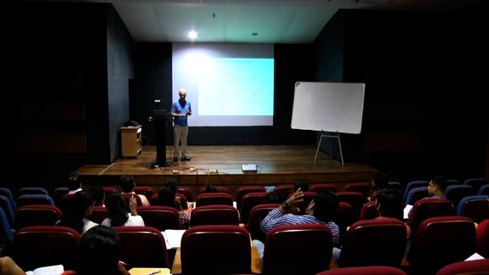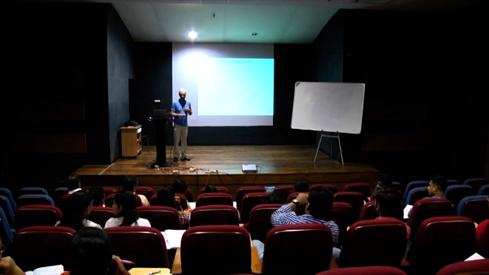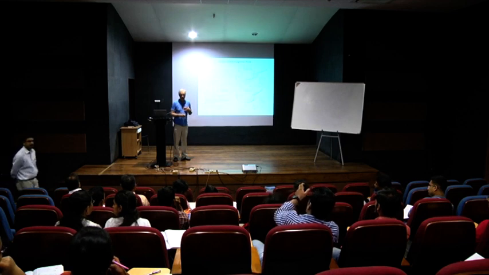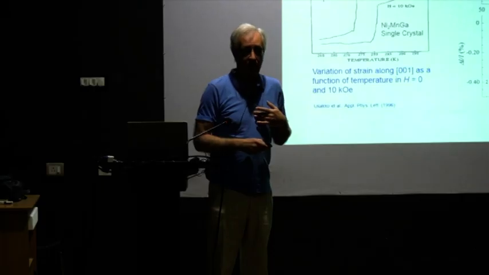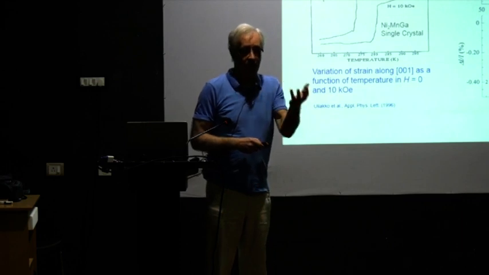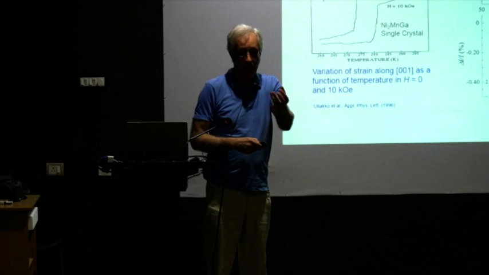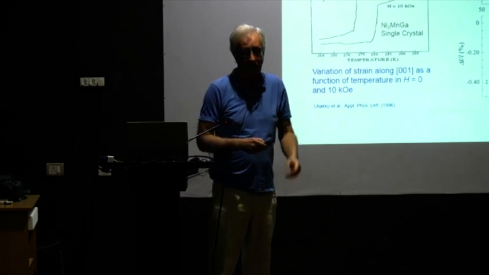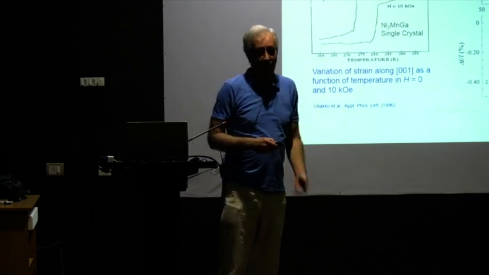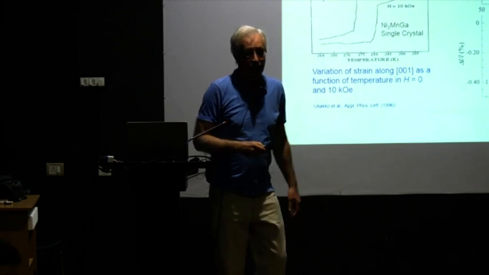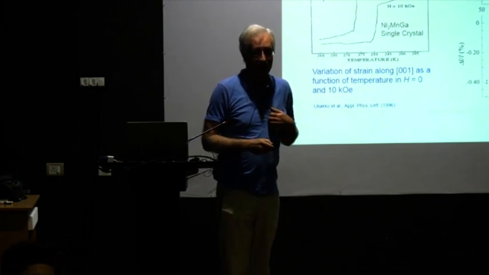You have dissipation. The area of the hysteresis is associated with the energy related to the transition, the latent heat, and that is your loss. You have to pay for the latent heat.